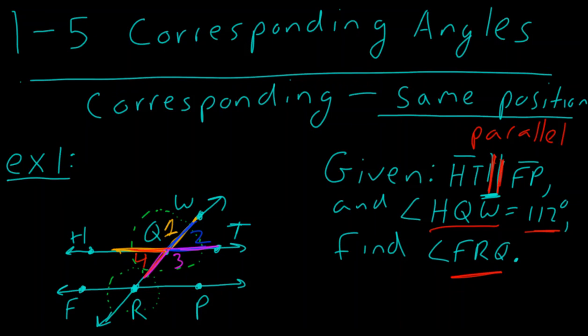Now notice, if we look down here at our second set of 4 angles, right down here in this green, we have 4 more angles, and we're going to use different numbers for these, but if they're in the same position, I'm going to use the same color. So in the top left, where we had angle 1, we're going to call this angle 5.